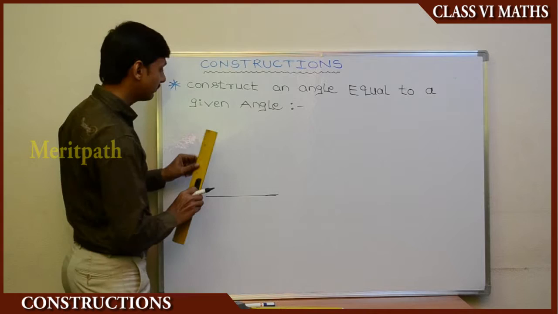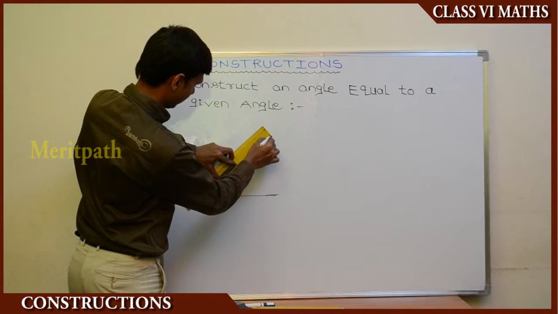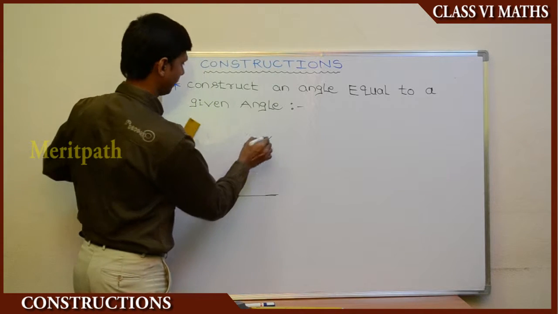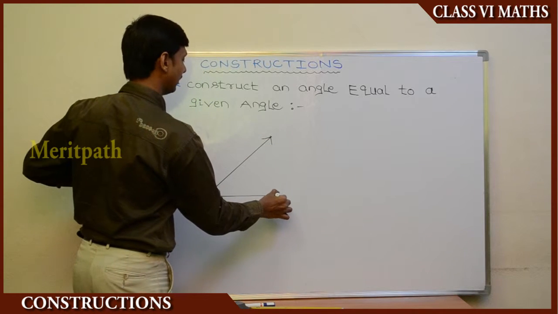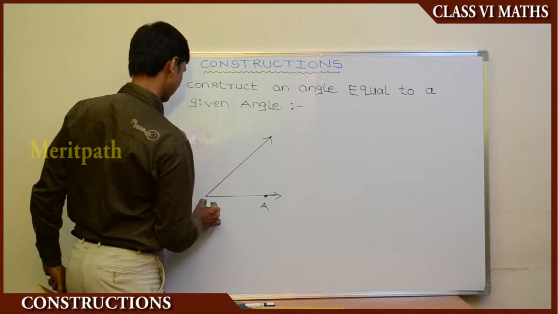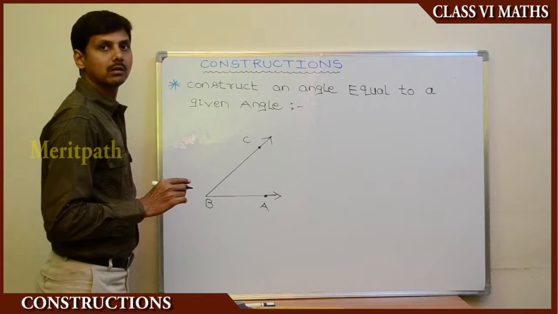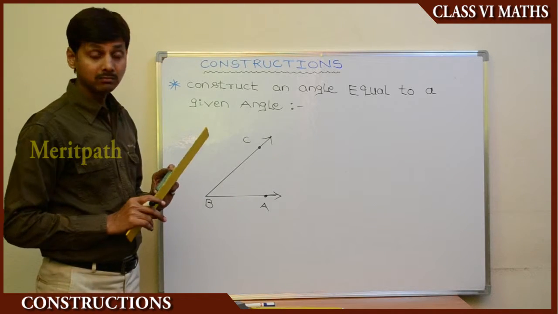We draw a line segment. Draw an angle. Name it as ABC. So let's consider this is a given angle.